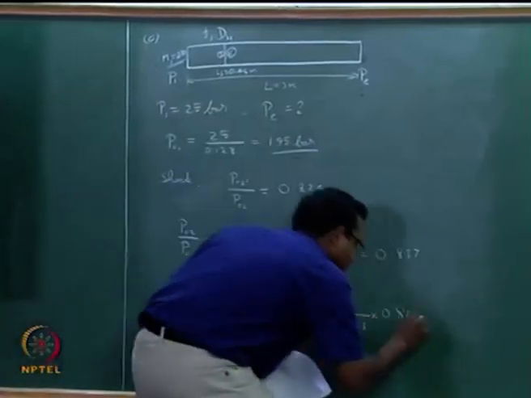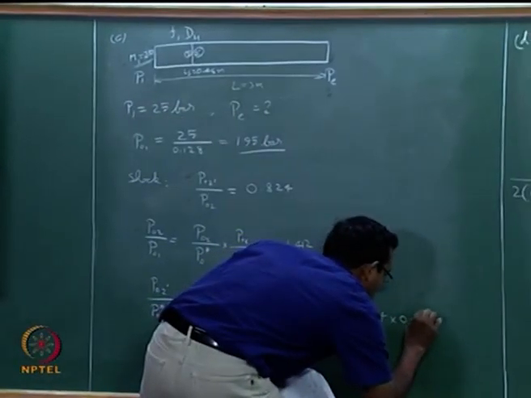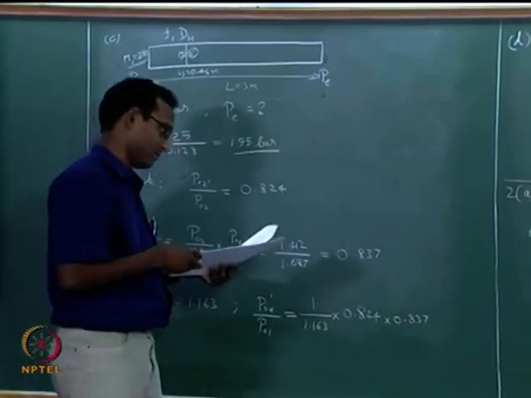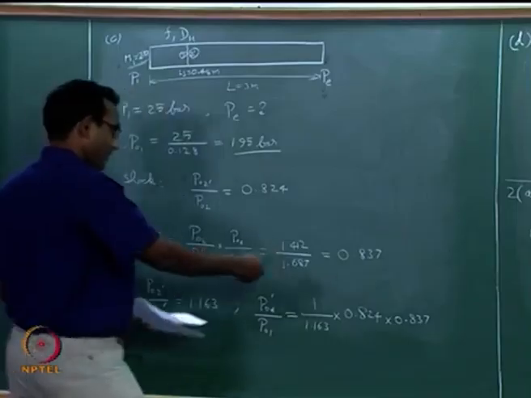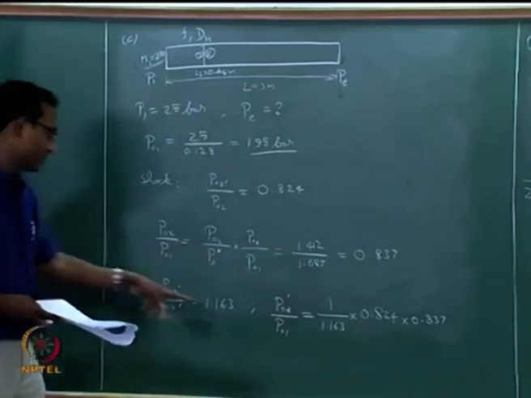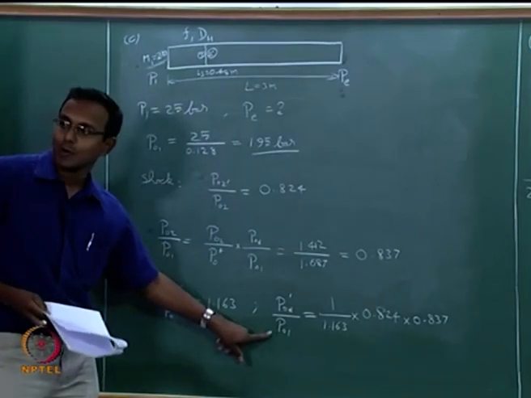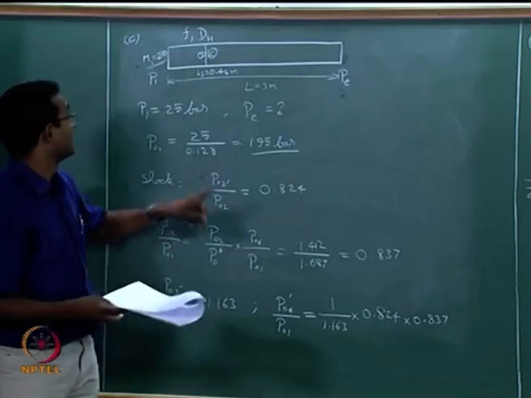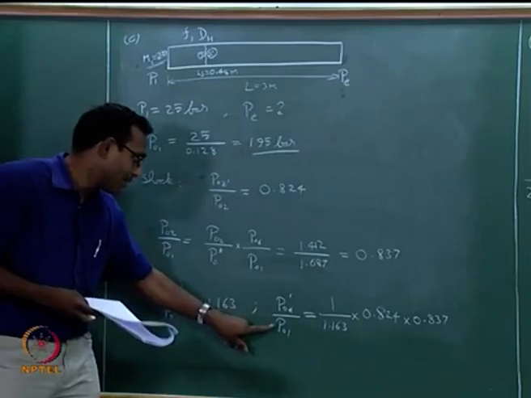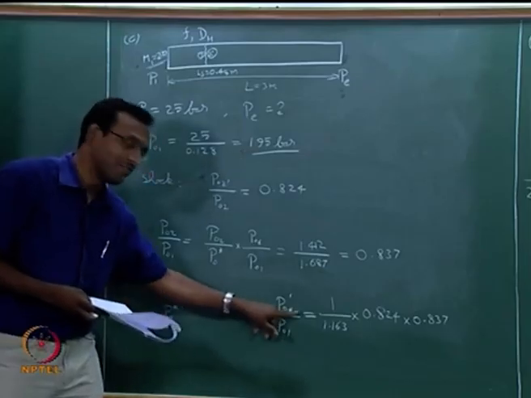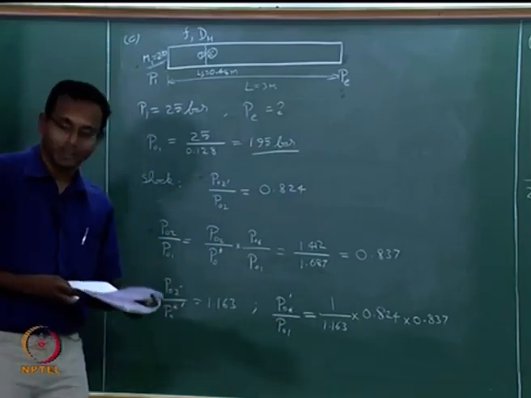So I multiply it with this 0.837. I actually did not find the number for this, I just used this. I know P01 is given to be 195 bar, we calculated. So I am going to multiply this ratio with the P01 value to get P0 star prime.